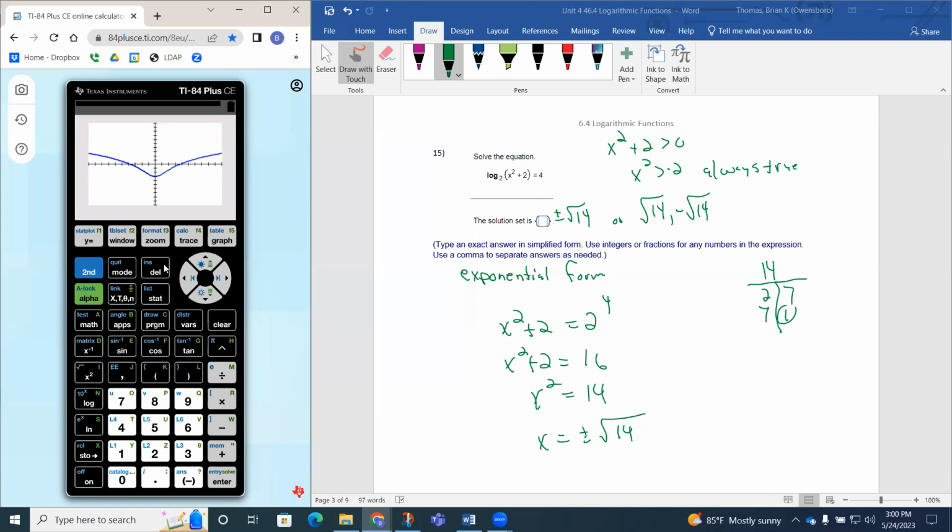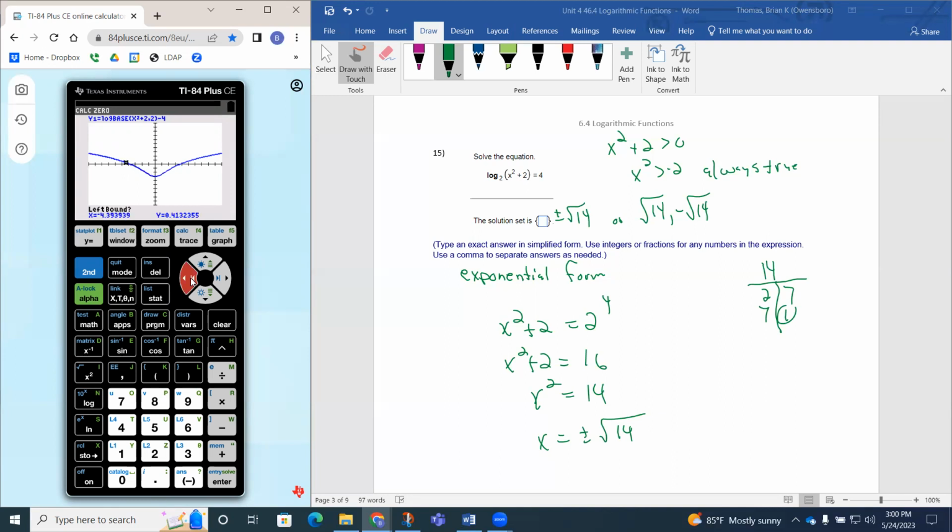So if I find this left 0, again, what is the square root of 14 to start with, though? Square root of 14 should be 3 something, closer to 4. So 3.7, yeah, that sounds about right. So if we do this from the graphing perspective, use the calculate button, zeros.